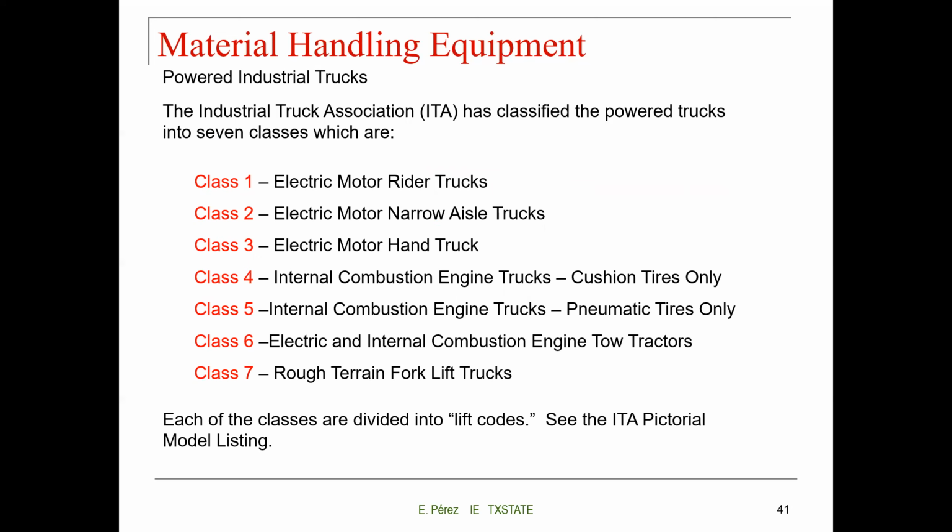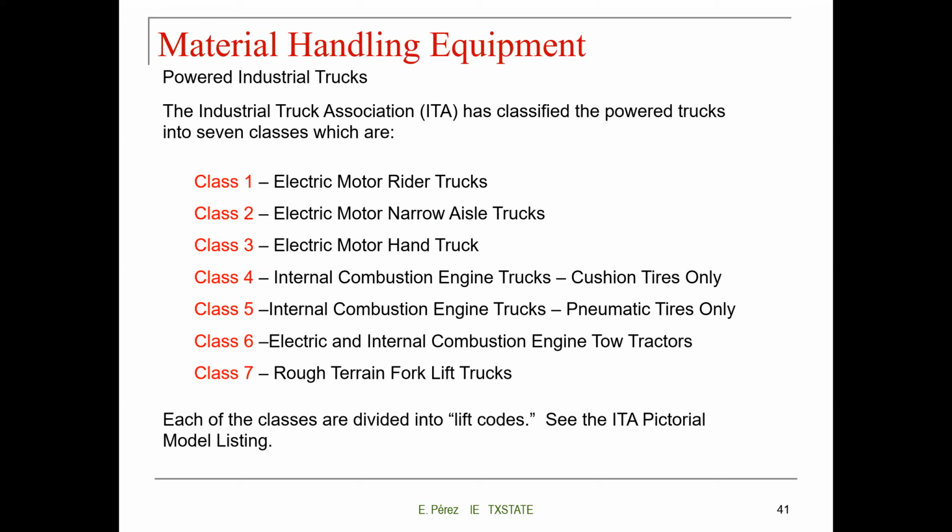The Industrial Truck Association has classified the power trucks into 7 classes, which are listed here: the electric motor rider trucks, the electric motor narrow aisle trucks, electric motor hand trucks, internal combustion engine trucks, internal combustion engine trucks with pneumatic tires only, electric and internal combustion engine tow tractors, and rough terrain forklift trucks.